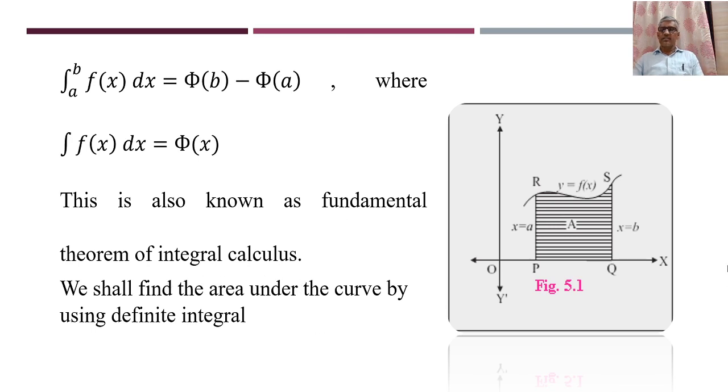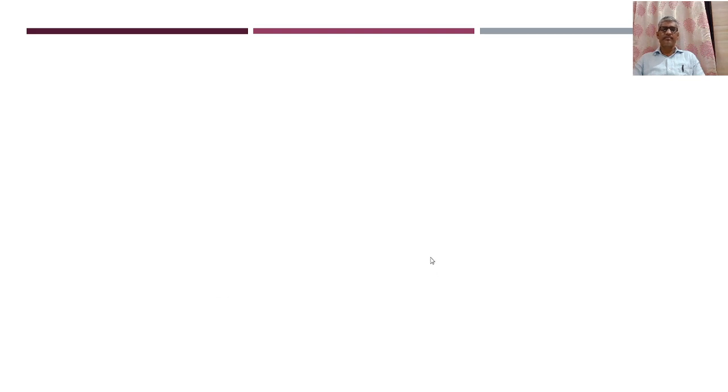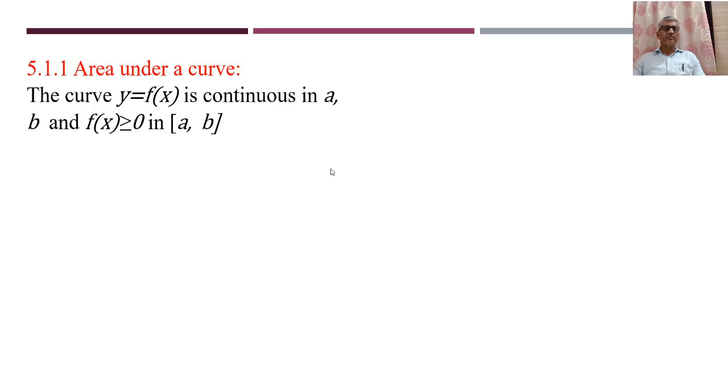We shall find this shaded portion. This shaded portion is the area lying under the curve y equal to f of x, found by using the definite integral. See here, the first application is area under a curve.